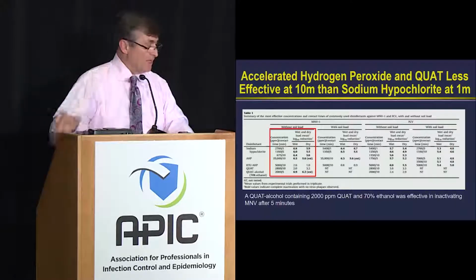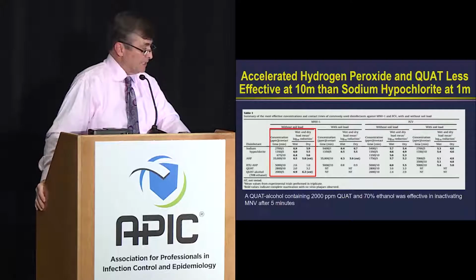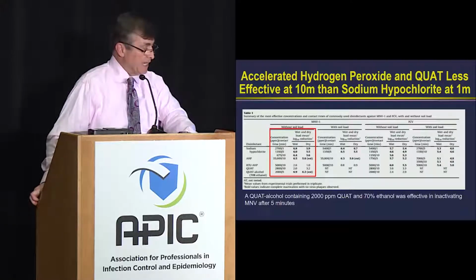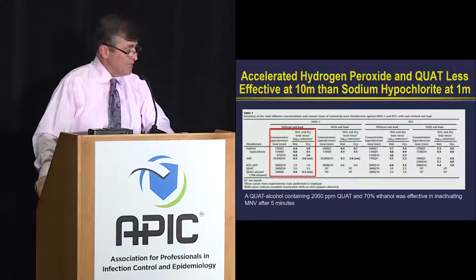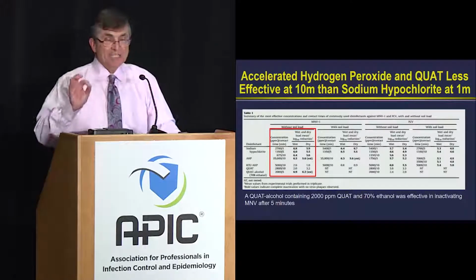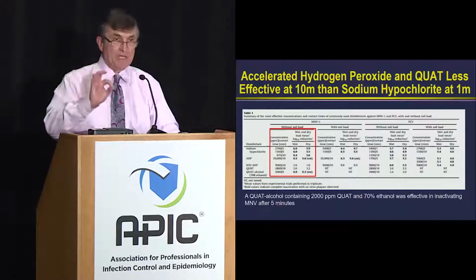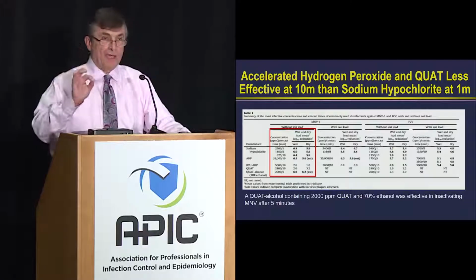That's a 99.99999% reduction. If you use that same inoculum and you look at something like accelerated hydrogen peroxide at 0.5%, it takes 10 minutes to get a less than 3 log reduction. The same is true for quat.